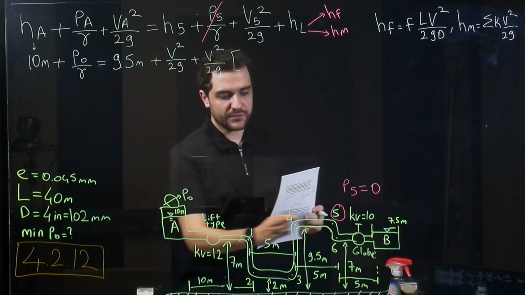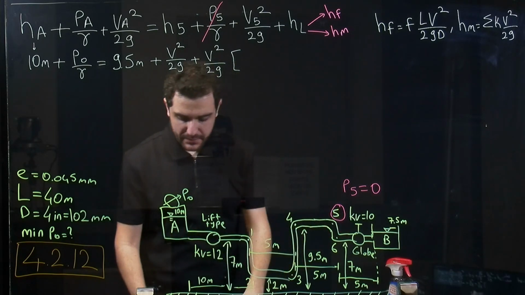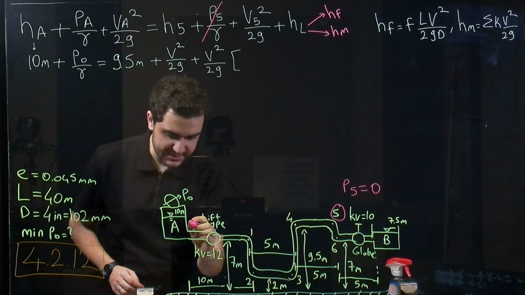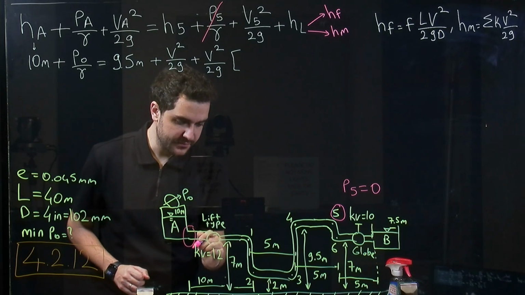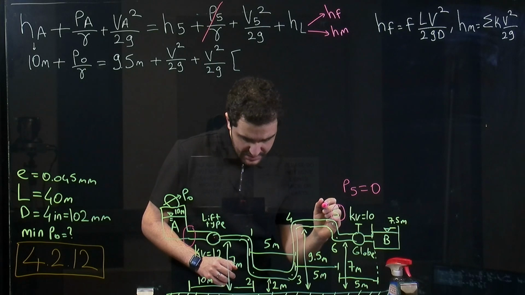And from A to 5 we have some minor losses. So these are entrance to pipe, here's the valve, and I think that's all.